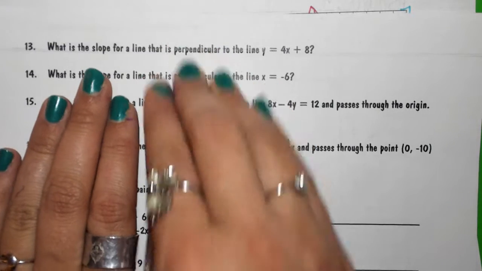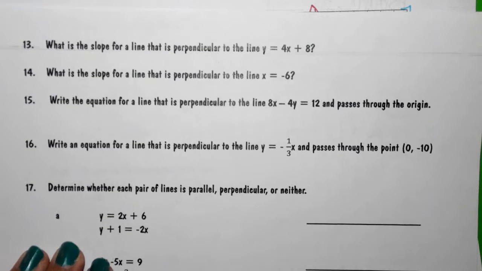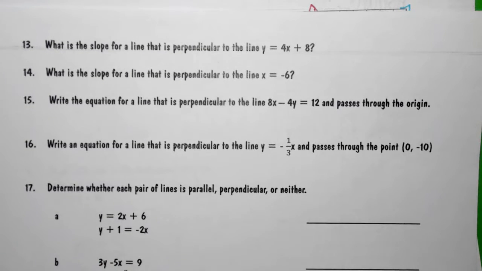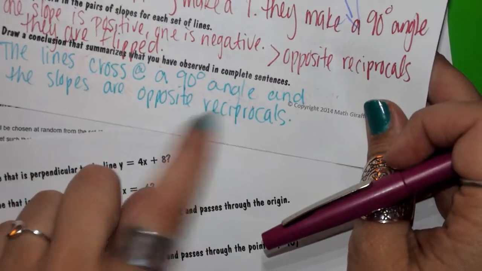Okay, so we're going to answer some questions about perpendicular lines. What kind of slopes do perpendicular lines have? We just wrote it down. Positive and negative. Yes. Opposite reciprocal.